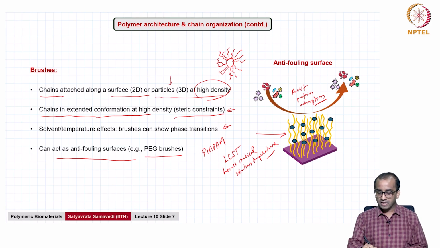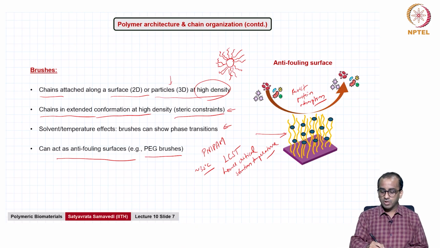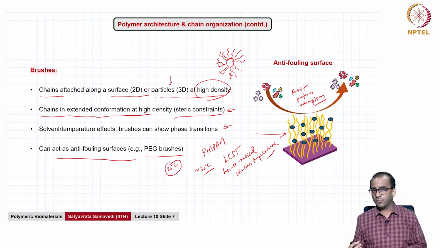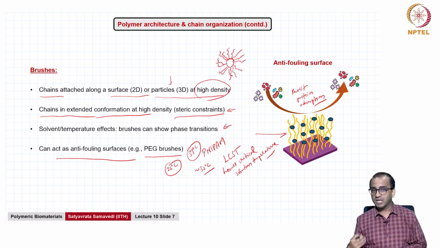So, polyNIPAM exhibits an LCST of around 32 degrees Celsius, and what that LCST means is it's an inflection point in some sense, above and below which the same polymer can exhibit very different properties. So, below this, let us say at 25 degrees, the same polymer can take in water, but above this temperature, let us say around body temperature, 37 degrees or 40 degrees, the same polymer will expel the water and become more hydrophobic.